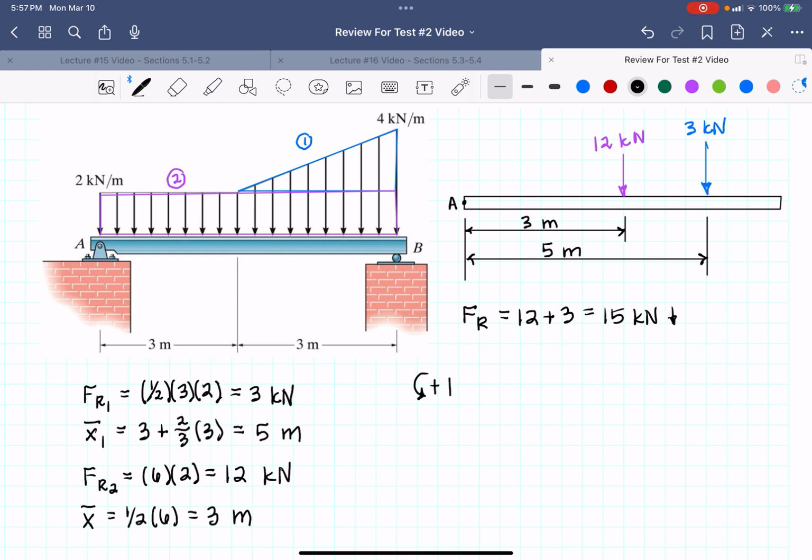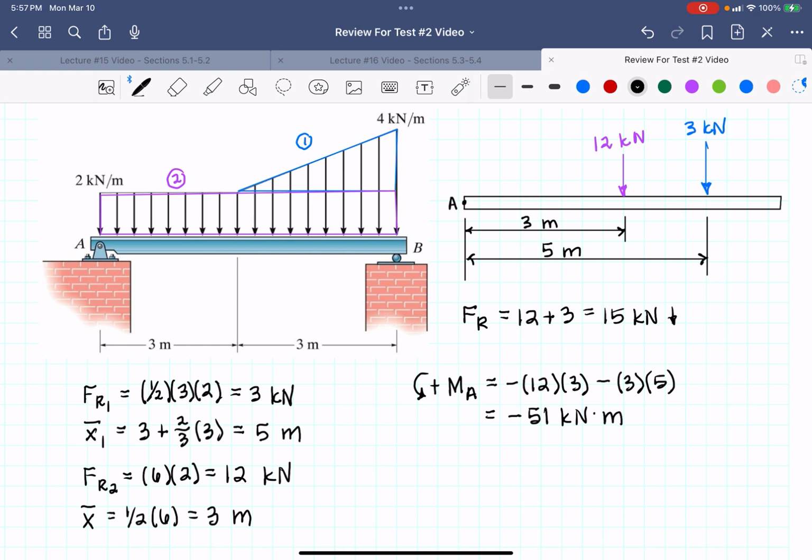The moments about point A are going to be the 12 kilonewton, negative 12, because it's going to go clockwise, times a distance of 3. And I've also got a negative 3, because it's going to go clockwise, times 5, which equals negative 51 kilonewton meters.